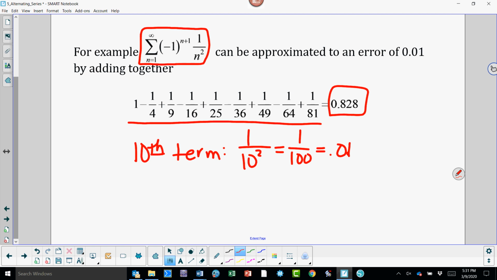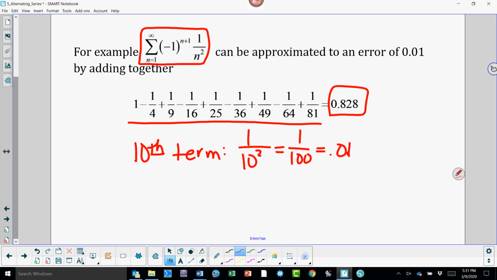So that means I know that the actual value of adding up all the terms all the way to infinity is plus or minus 0.01 of the 0.828. Okay, that's how close I know that I am.